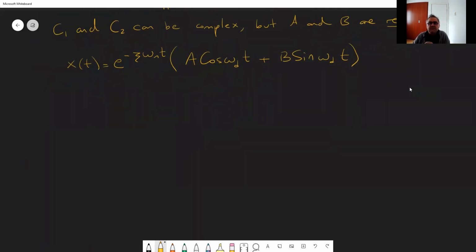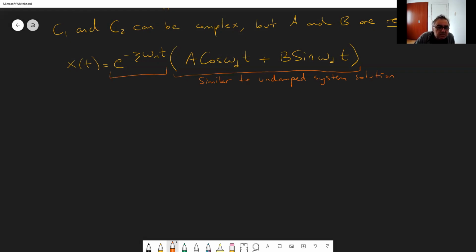That's very interesting because this is very similar to the solution of an undamped system. Actually, it's exactly the same as the undamped system solution.